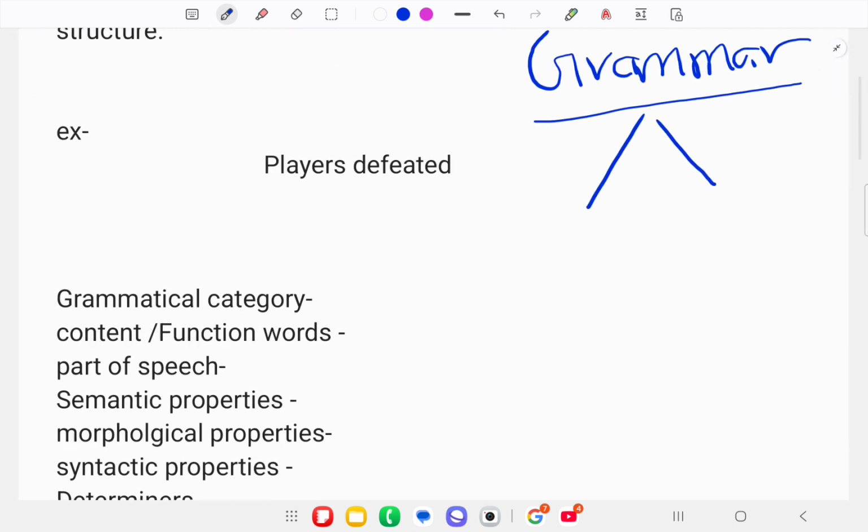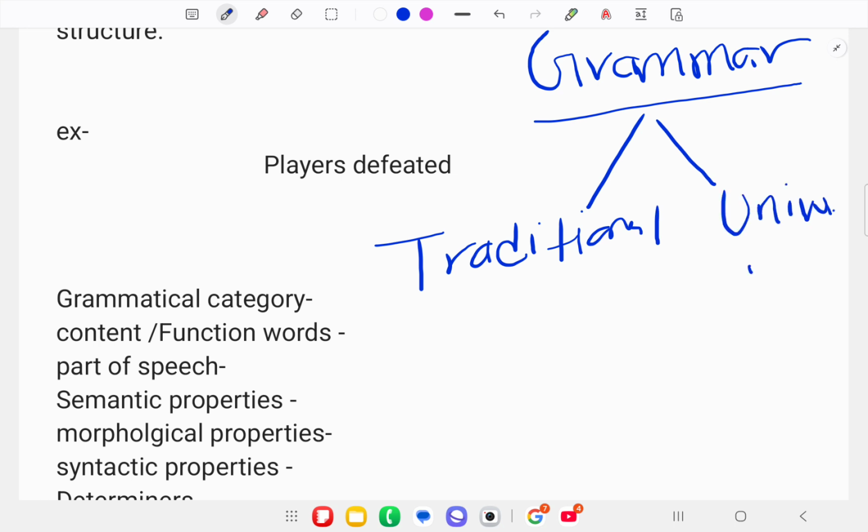In the first part, we study the traditional grammar, and the second is the universal. I'm just going to clear up what the differences are between the traditional and universal grammar.